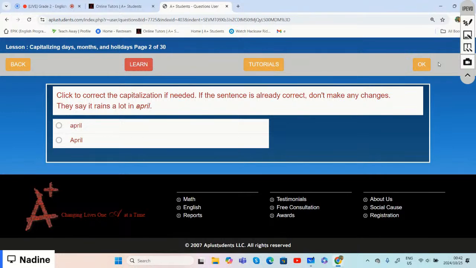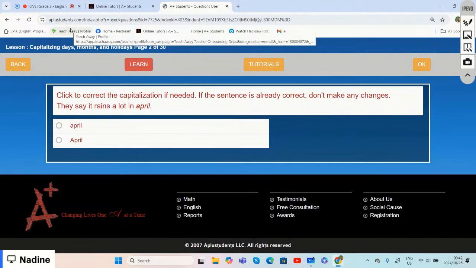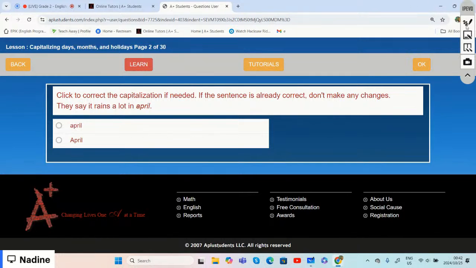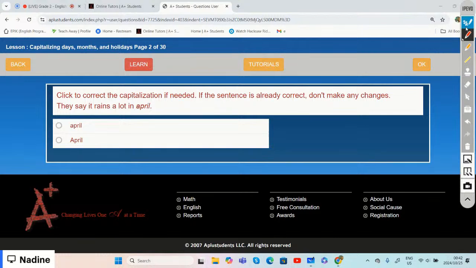If we were to choose the correct option, then we will choose option two, because we capitalize the word April.